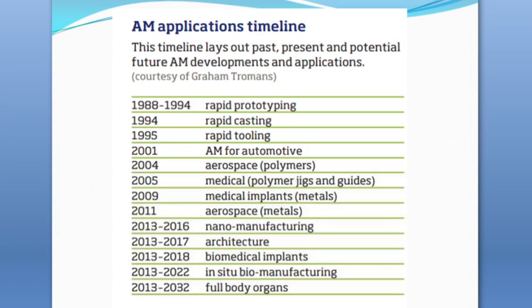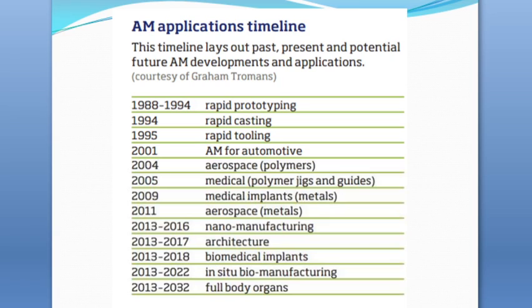This timeline lays out past, present and potential future AM developments and applications. In the past, 88 to 94, rapid prototyping application. Rapid prototyping is one of the testing in simulation.